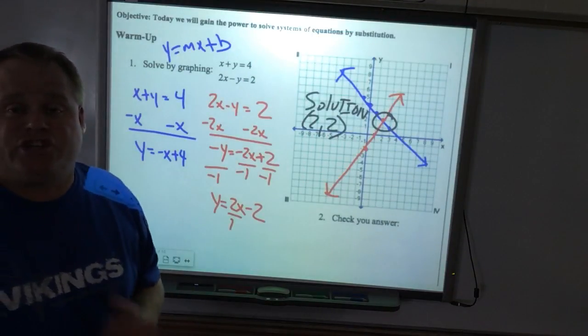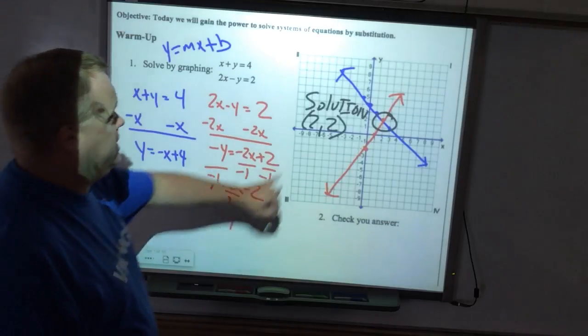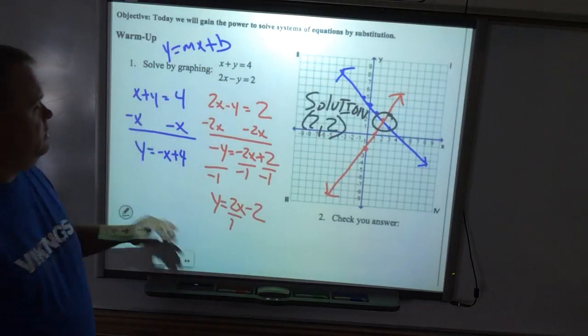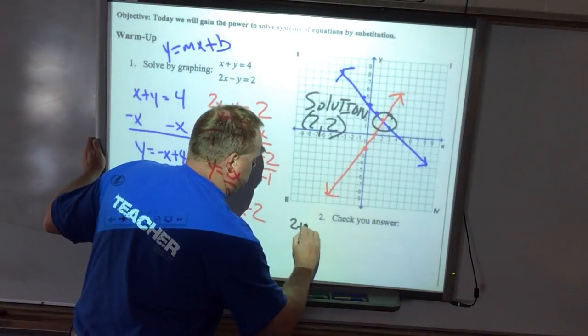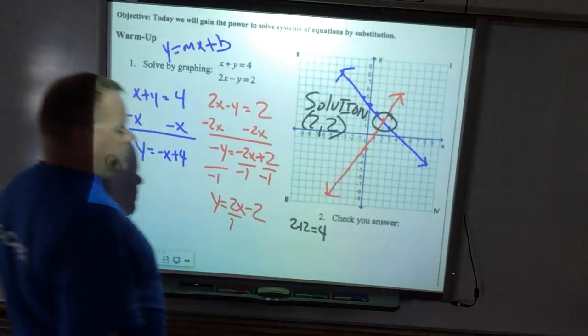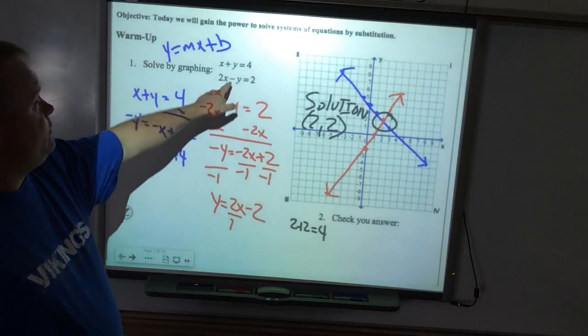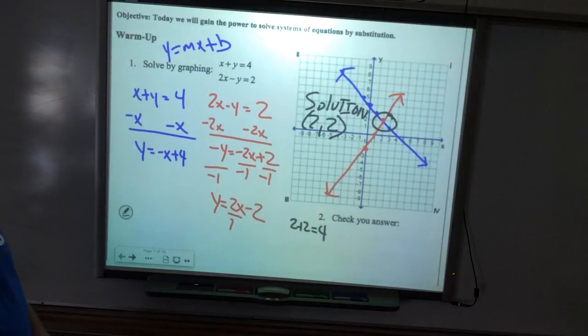I can always check that. I can check to see if my math is correct by plugging that into both of those equations. In the first one, I've got x plus y equals 4. Well, that ends up being 2 plus 2 equals 4. We know 2 plus 2 is 4, so it works for that one. I can do it for the second one. The second one is 2x minus y equals 2.